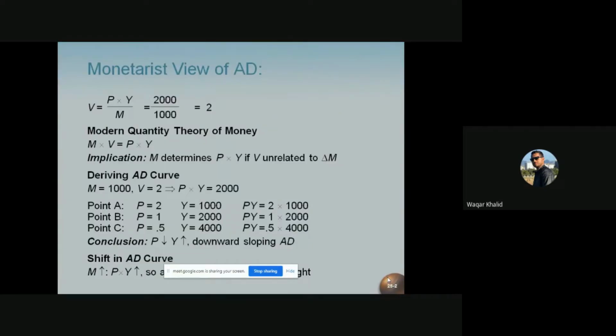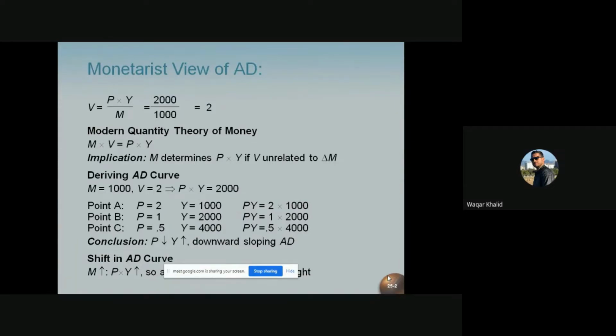Let me start the chapter from the introduction of aggregate demand. Aggregate demand is the first building block of aggregate supply and aggregate demand analysis. The aggregate demand curve describes the relationship between the quantity of aggregate output demanded and the price level when all other variables are held constant.